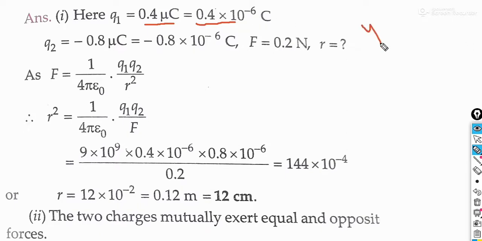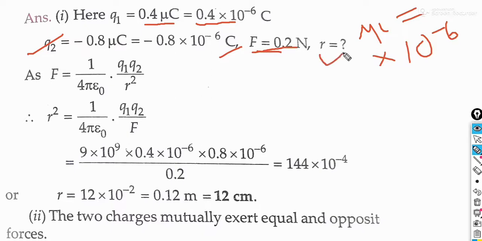We know that to convert microcoulomb into coulomb, we simply multiply the value by 10 to the power minus 6. Similarly q2 is minus 0.8 microcoulomb, which in coulomb is minus 0.8 into 10 to the power minus 6 coulomb, and the force given in the question is 0.2 Newton. We have to find r.